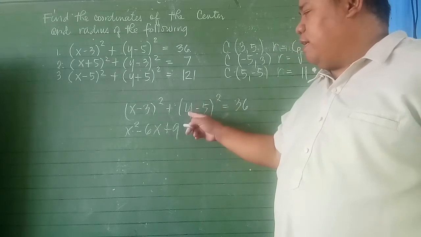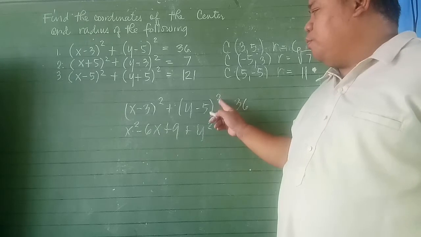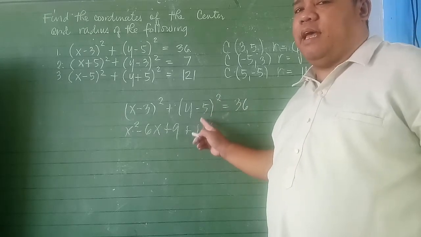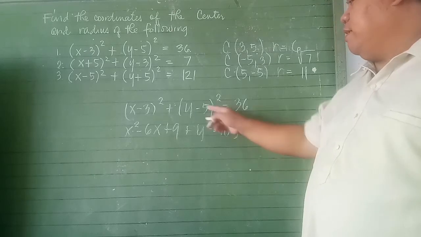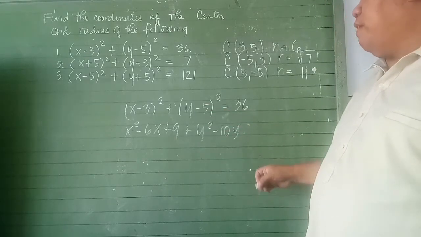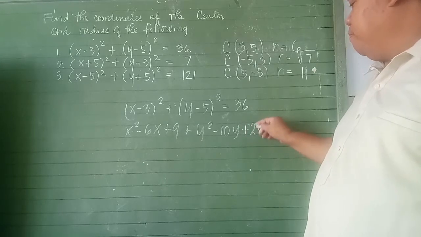Plus, again, the square of the first term, y squared, and then 2 times negative 5, that is negative 10y, and then the square of the last term, the square of negative 5, is plus 25.